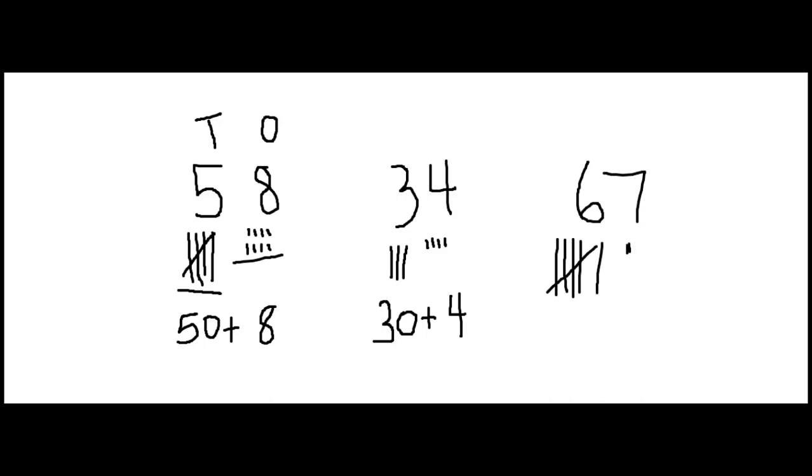Well, I'm going to erase that little one because that one looks a little messed up. Here we go. 1, 2, 3, 4, 5, 6, 7. Nice job. And when we write it in expanded form, we write what we say. So we say 67. So we write 60 plus 7. Nice job, everybody. Go ahead and clear your board.